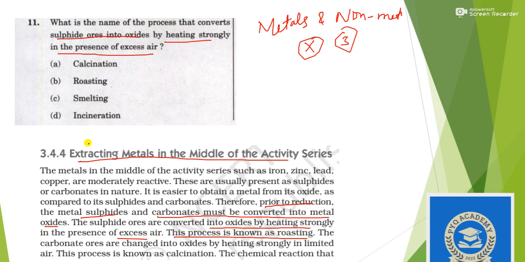Okay, so the answer is 11B. And here calcination is also given, and reduction, so you should go through all these definitions, because in the next exam a question can be asked related to calcination or smelting or incineration. Okay.